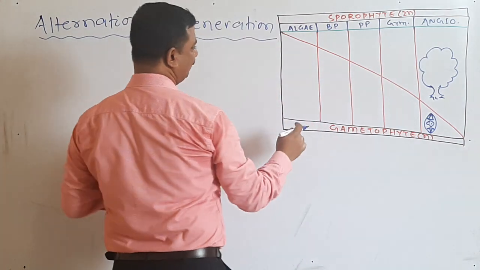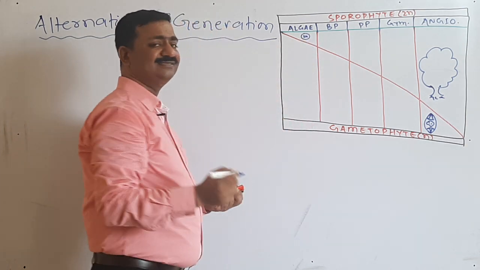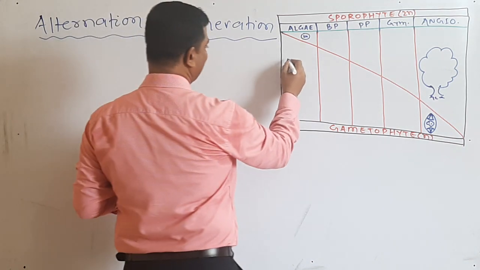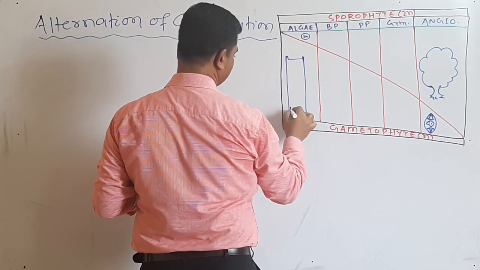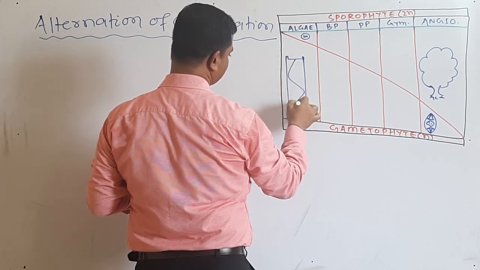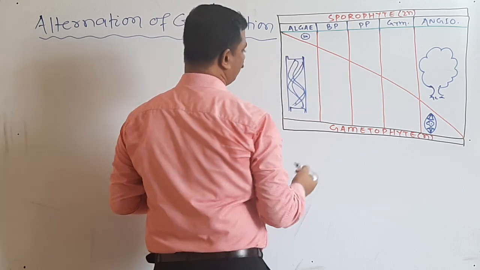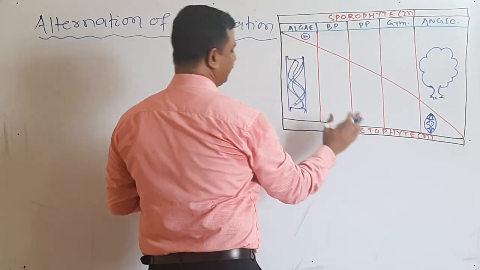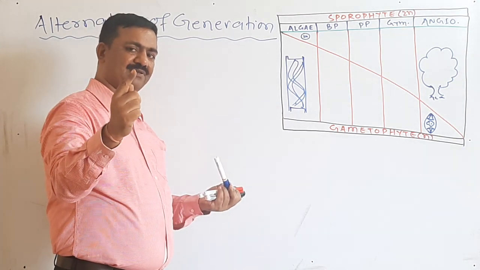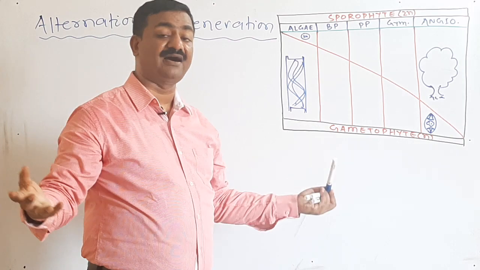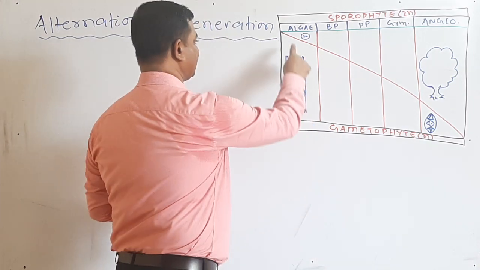In algae, the 2N stage is of only one cell, and it is the zygote. This body is, say, the green alga Spirogyra. So the main plant body in algae is the gametophyte. A question may ask: can you quote an example where the gametophyte is very much advanced? The most advanced gametophytic structure is found in algae.